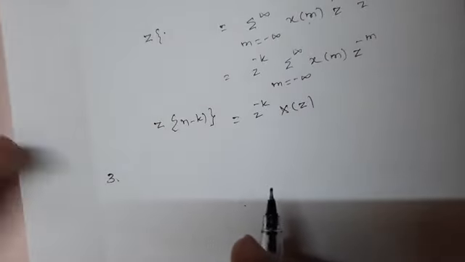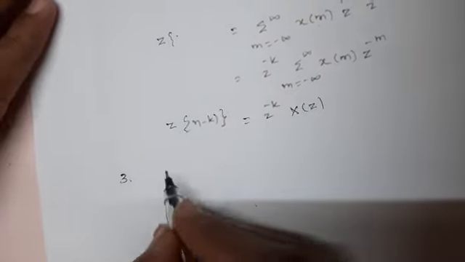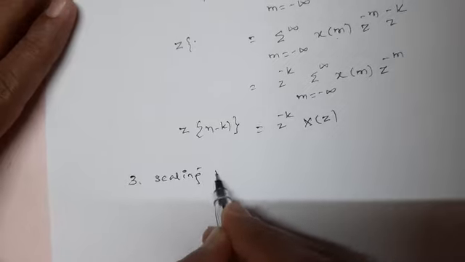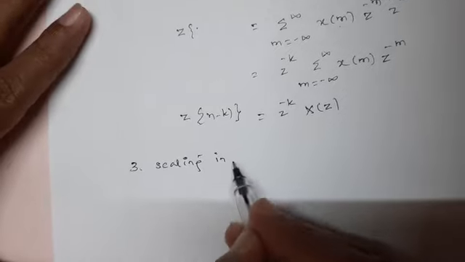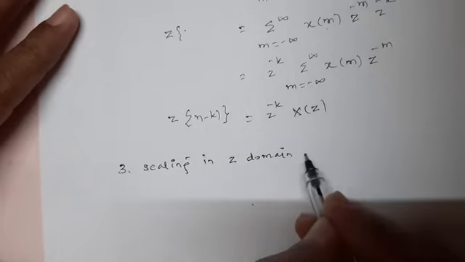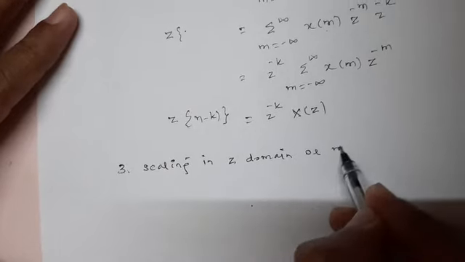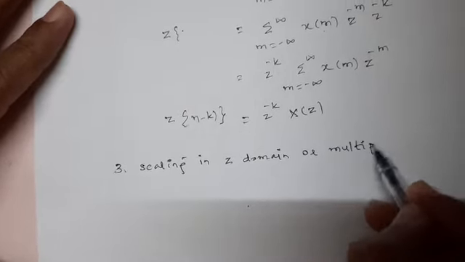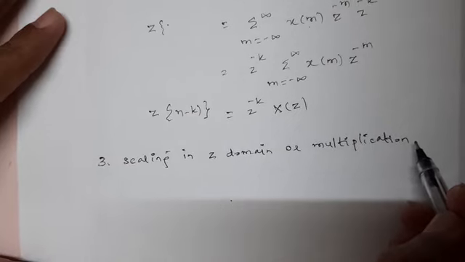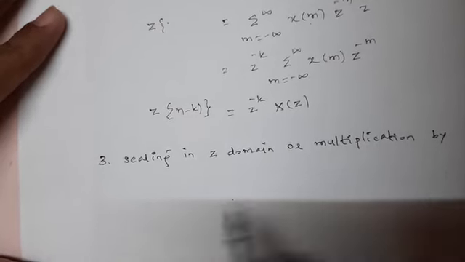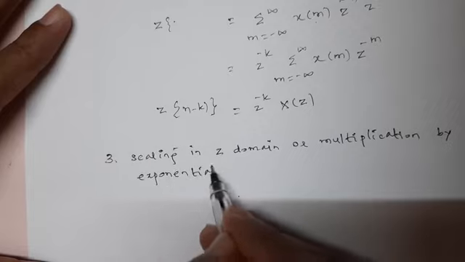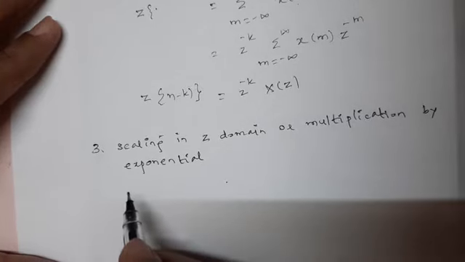Okay, so we'll go for the third property. The third property is scaling in the z domain, or multiplication by exponential.